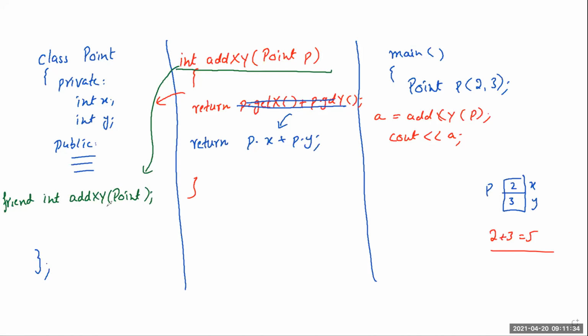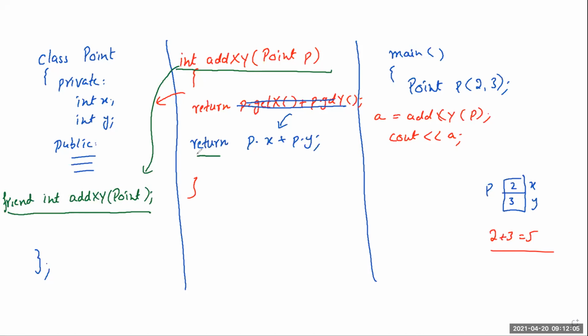Now what is this statement doing? When you add this statement to the class, it is telling your program that the function add xy is a friend of this class, and now this function can access the private data of the class using the dot operator, right? Of course, public data was previously being accessed. If something is public, it is already accessible, right? So when you make a friend, you are also letting the function access the private data with the dot operator.